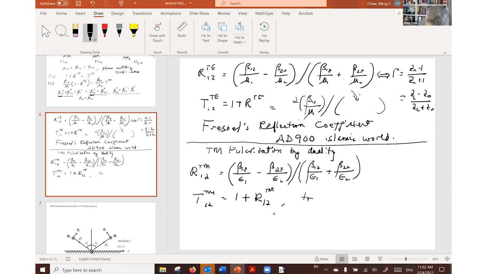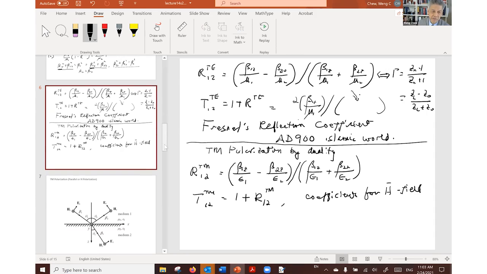So I would like to mention that these are coefficients for the H field. Some textbooks will report the reflection coefficient for the TM polarization for the electric field still, and you will see that these coefficients look quite different from what I have written down here, because what I have down here is for the magnetic field. Are there any questions before we move on?